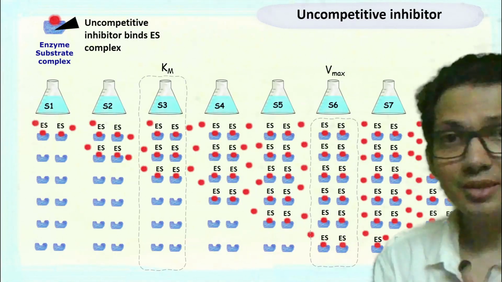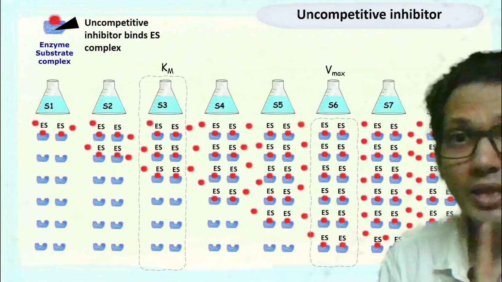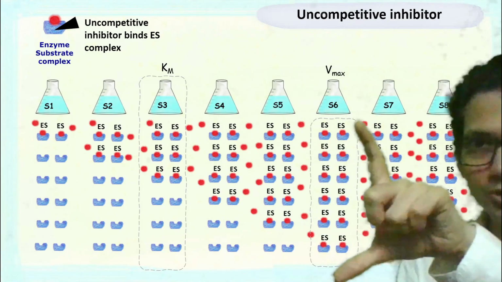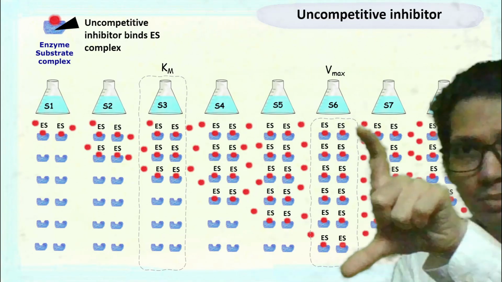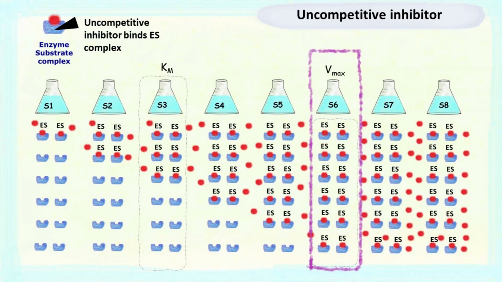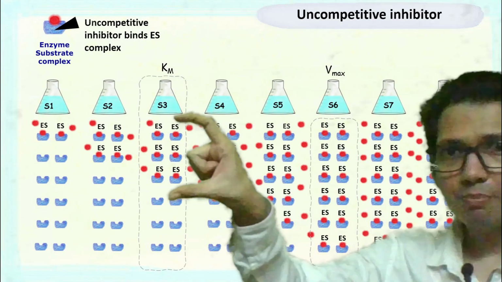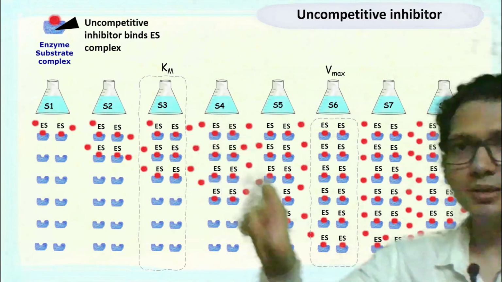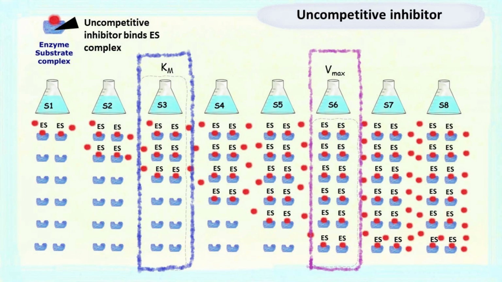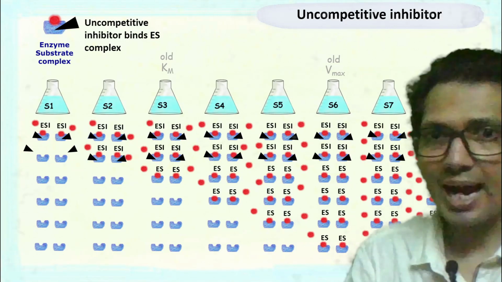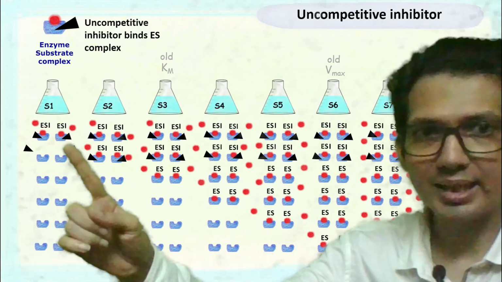So let's say this is the reaction setup without inhibitor. This one is the Vmax. So this is maximum ES formation, and this one is going to give us Vmax. And this is the Km where 50% of ES is formed. So as the uncompetitive inhibitor is added, it binds the ES complex.